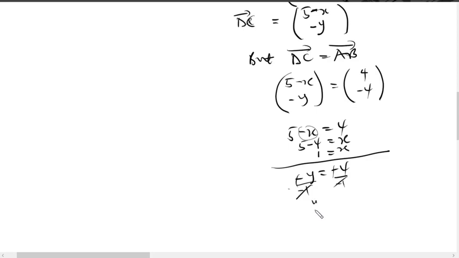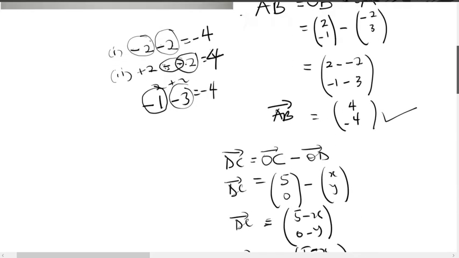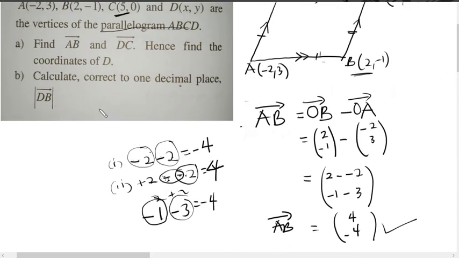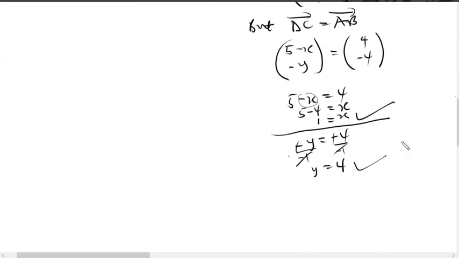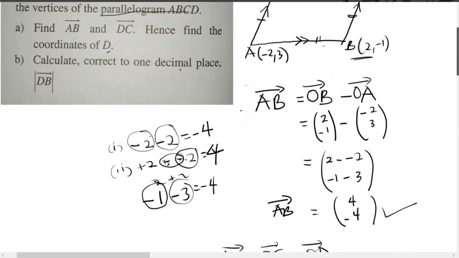So y will be equal to 4. So this means x is 1 and y is 4. And what does the question say? It says find the coordinates of D. So the coordinates of D are x is 1 and y is 4.